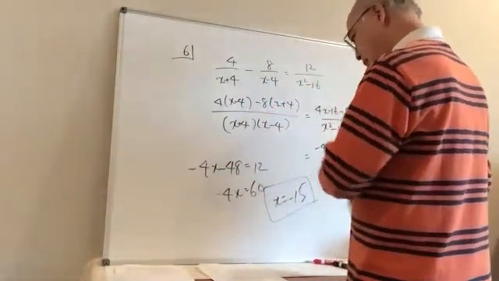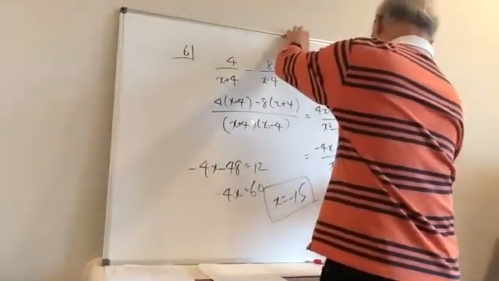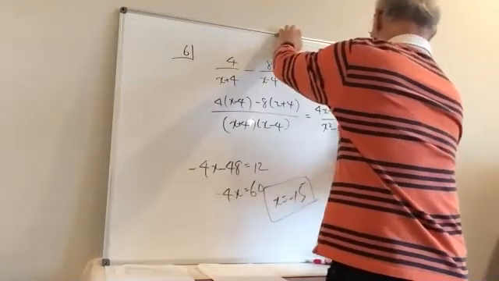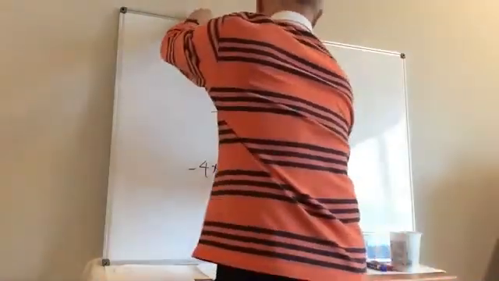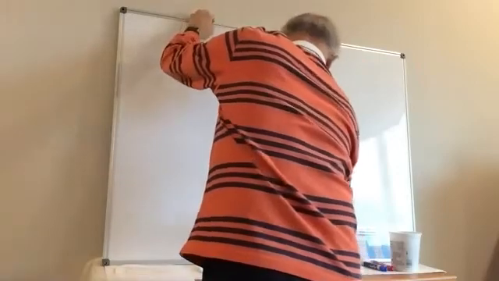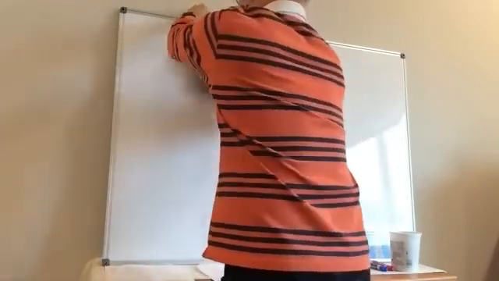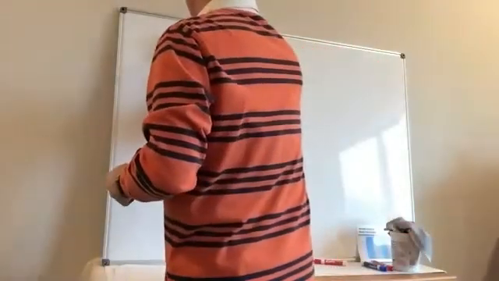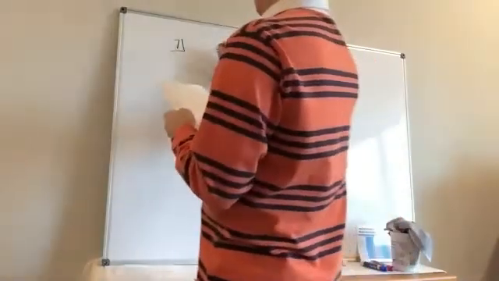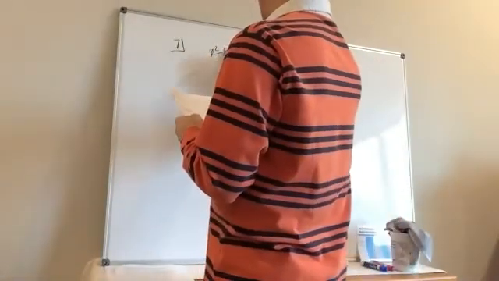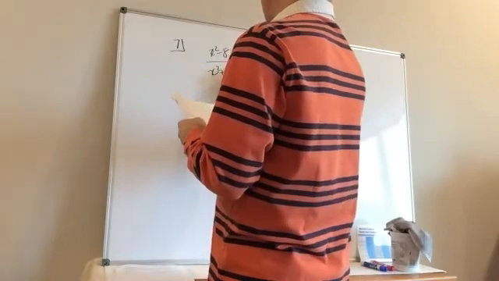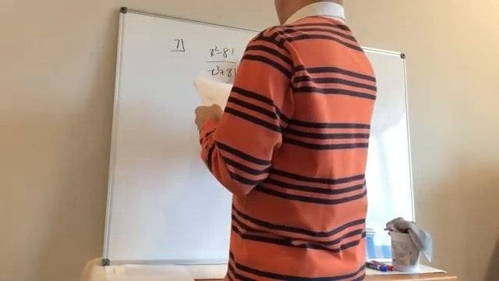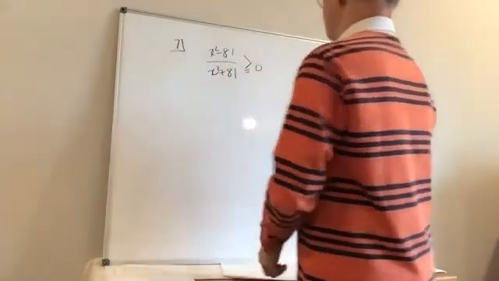All right, number 7. We have x squared minus 81 over x squared plus 81 greater than or equal to 0.